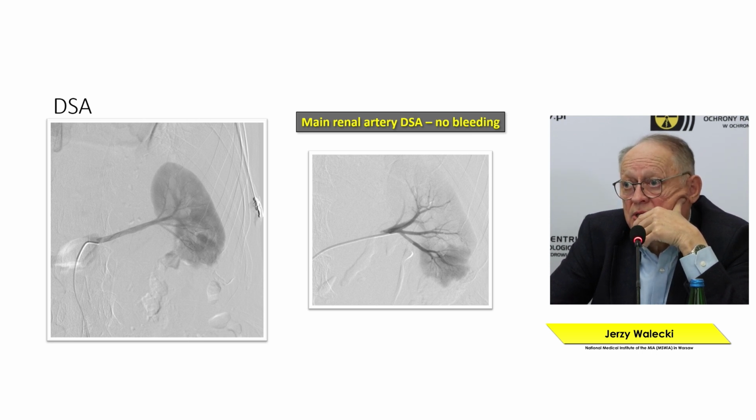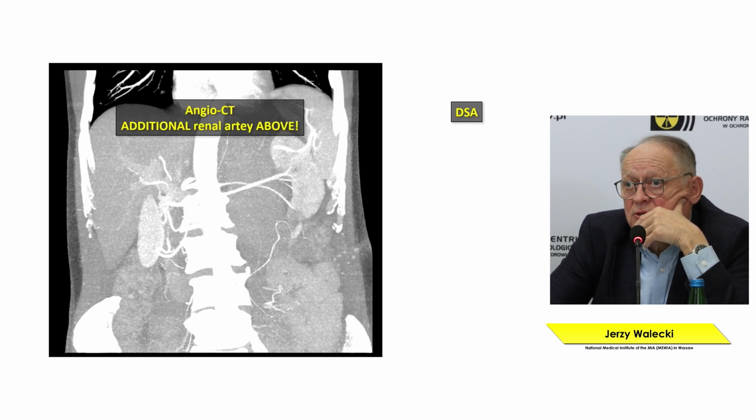You can see the bleeding. Then a fragment of the kidney had to be removed. We introduced a catheter into this space, but the bleeding continued, and the CT scan provided us with the diagnosis. It is very interesting in terms of anatomy.